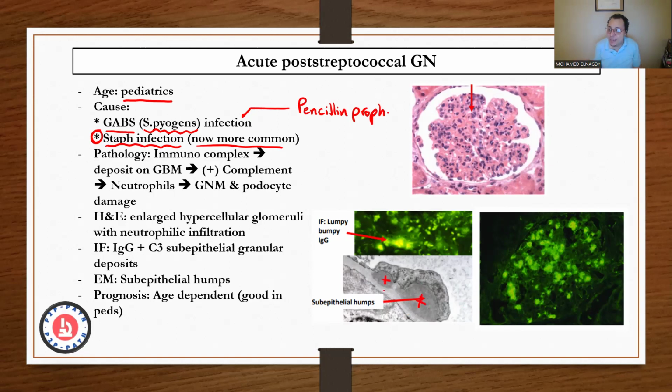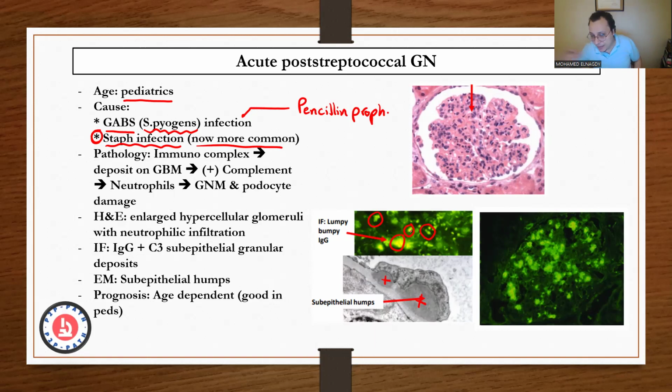Subepithelial humps, subepithelial deposits. So if I'm talking about immune complex deposits, please remember that this means a granular pattern on immunofluorescence, and a lumpy-bumpy pattern on electron microscopy. But you need to focus on whether this is at the epithelial side or at the endothelial side.